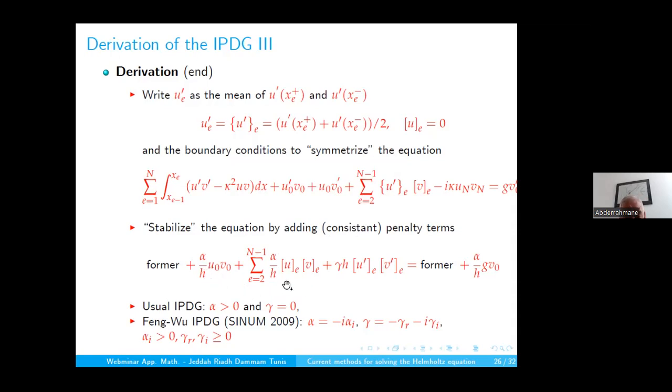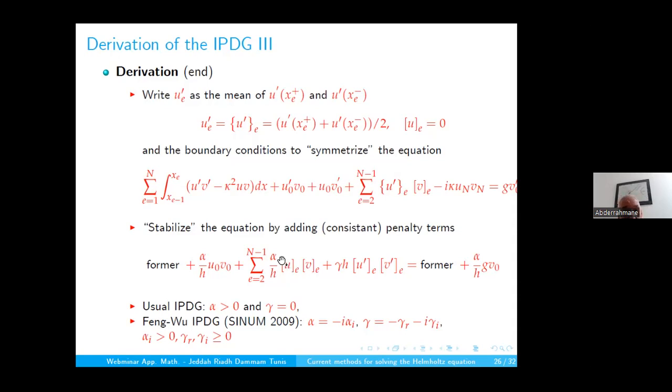And you have here two kinds of penalty. You penalize the jump, and you penalize also the jump of the derivative. But you see here, you penalize the jump by a large term.